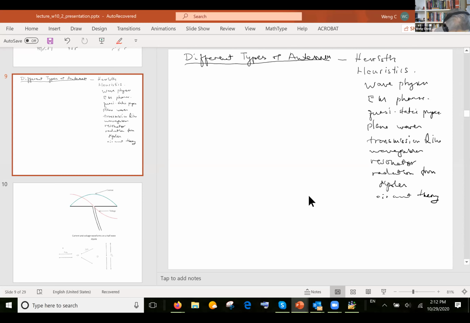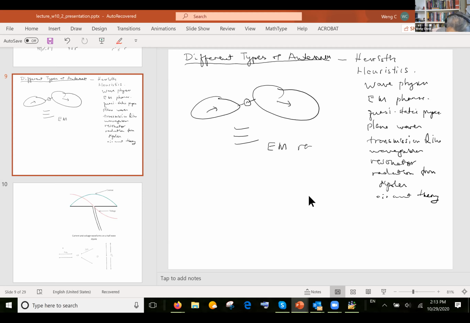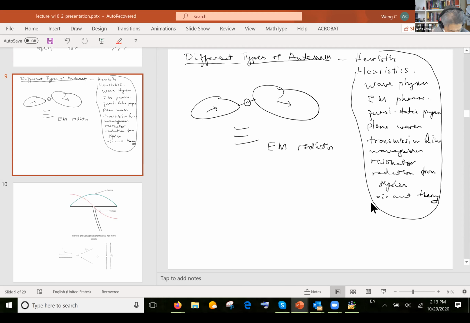So if I give you an antenna design, which looks something like this, driven by a voltage source, there will be current flowing on this antenna, and it's going to give out electromagnetic radiation. You're going to use all these heuristics that you have learned to understand the radiation of this antenna. Okay, let's try to do that. Use heuristics.